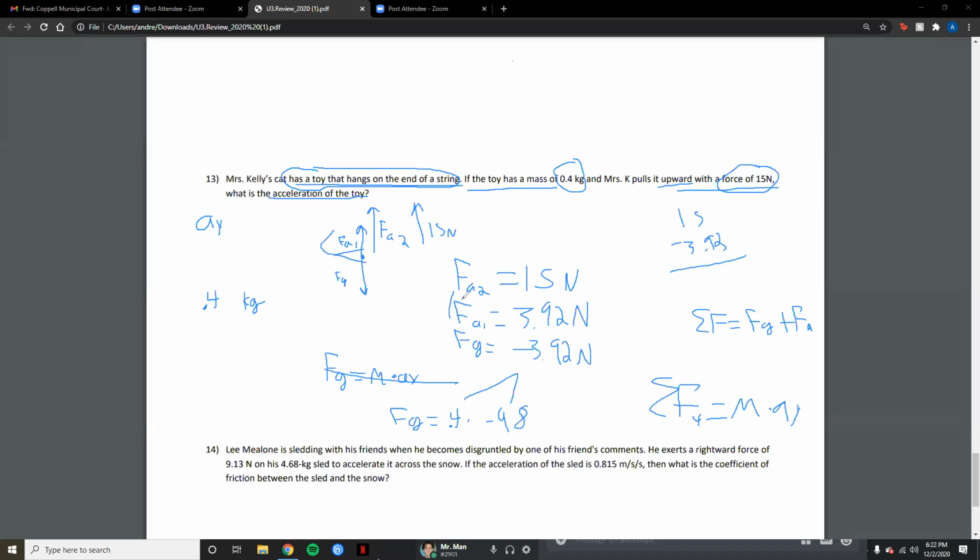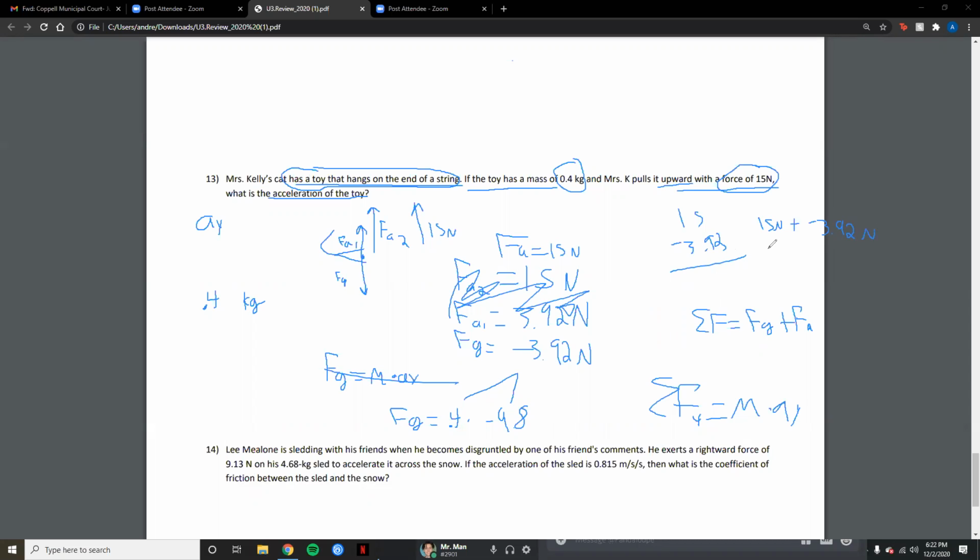So scratch all that, your total F of a equals 15 newtons, right? Yeah. So it would be 15 newtons plus negative 3.92 because it's going downwards. We're going to make it negative. That makes sense, right? Yep.